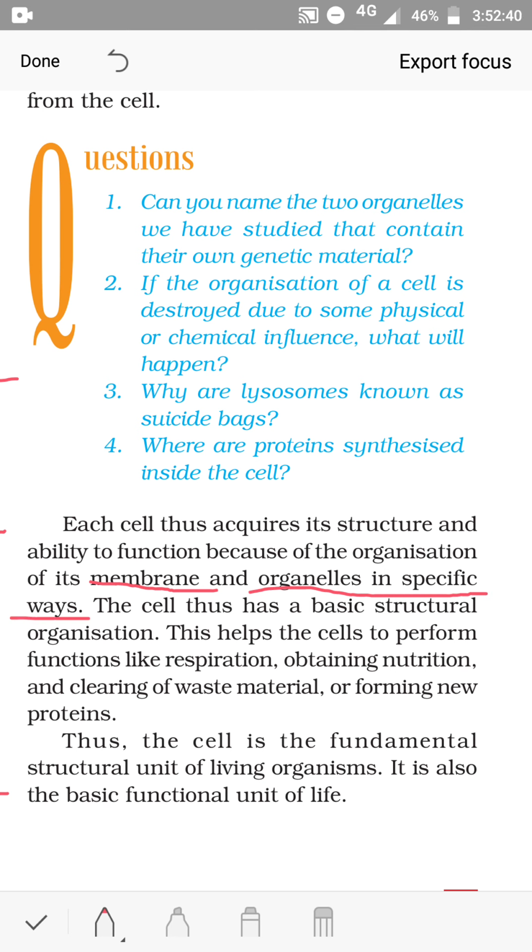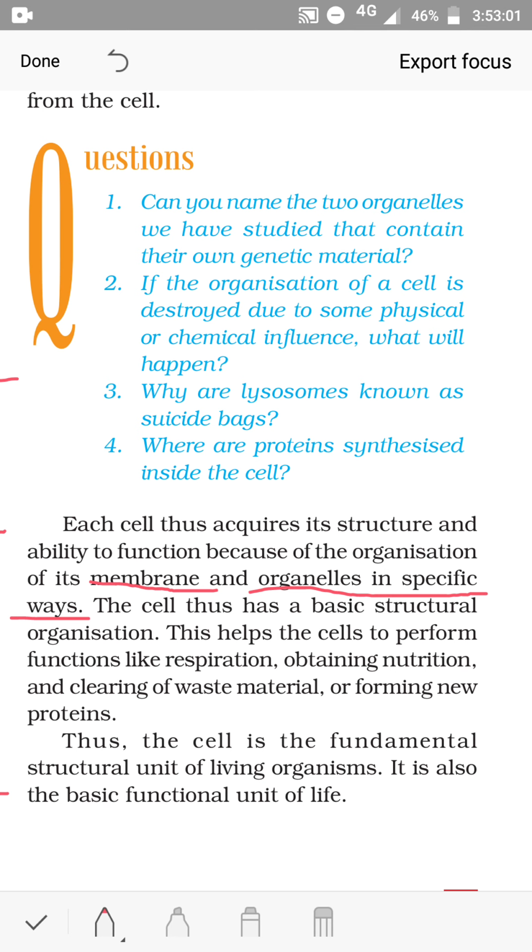See, in the cell we read the basic components: plasma membrane, inner to that the jelly-like fluid cytoplasm, and the nucleus. These are the basic components, and in the cytoplasm specific parts are there, which we call organelles, which are also membrane bound, and they help the cell to perform various functions. What are these?